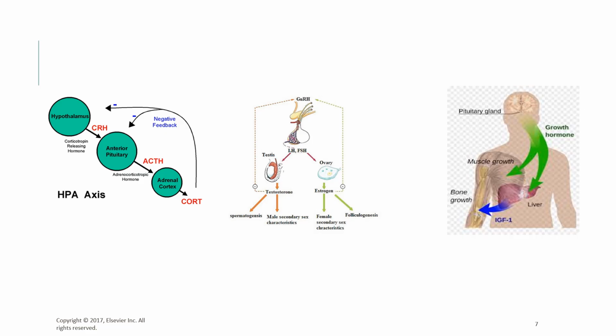On the other side, we have the theca cells, T-H-E-C-A, theca cells within the ovary that respond to luteinizing hormone, which, in combination with FSH, will help to foster and stimulate the maturation of the ovarian follicles.